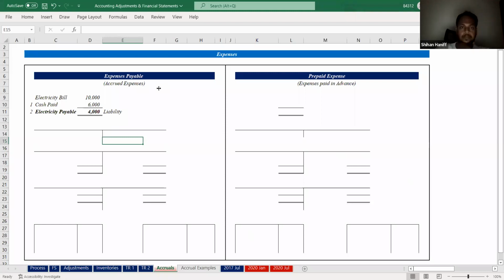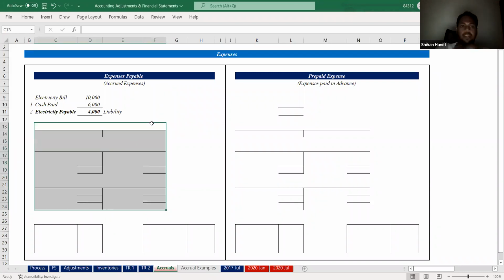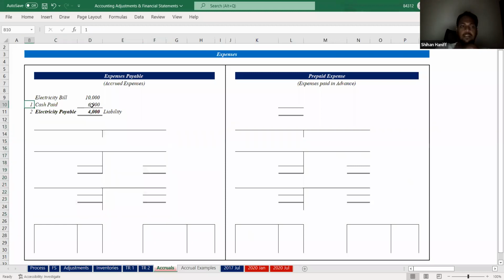It's a liability. Now in ledger accounts, there are two transactions. One is electricity paid, the other is electricity payable. That's why I put 1 and 2.